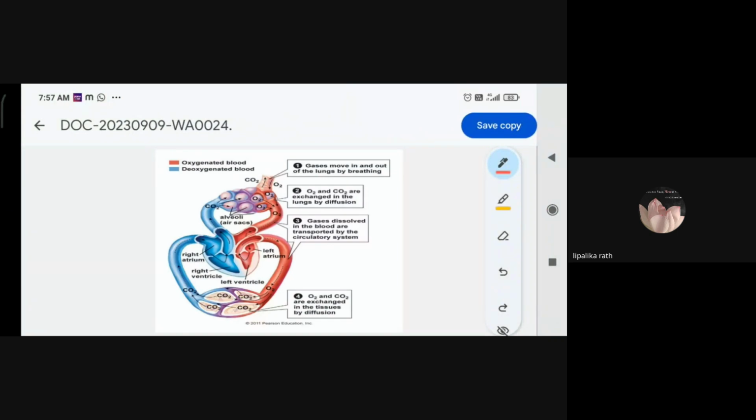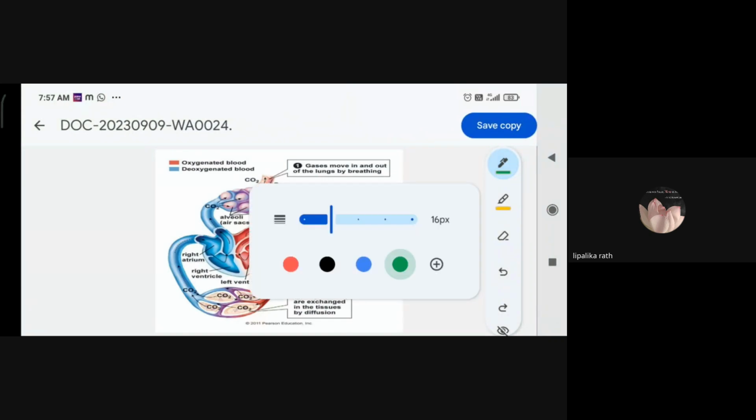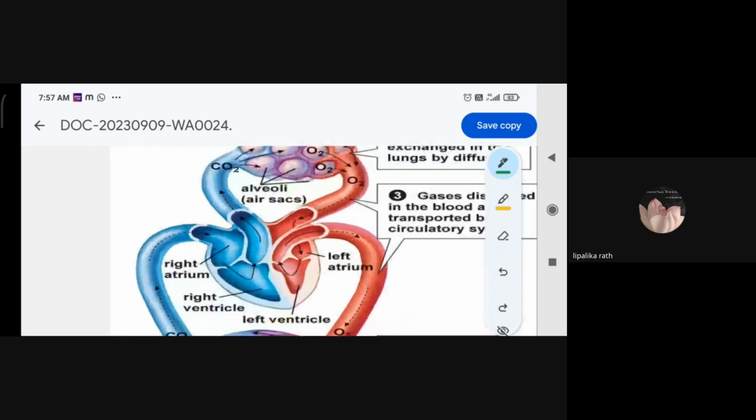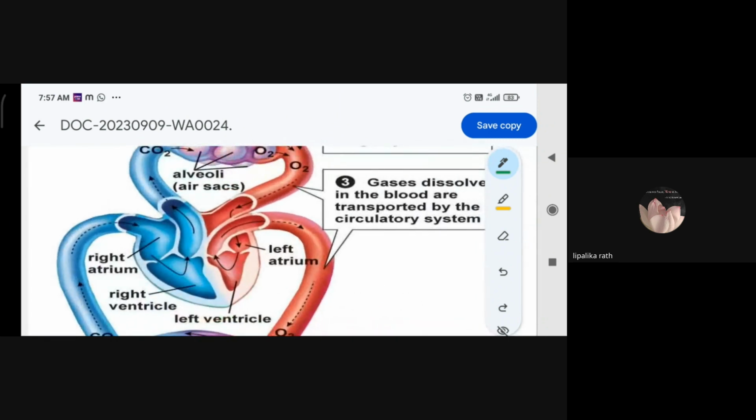Now, here in this picture, you can see the heart clearly. The heart has 4 chambers. These lower 2 chambers are known as ventricles, and the upper 2 chambers are known as atria.